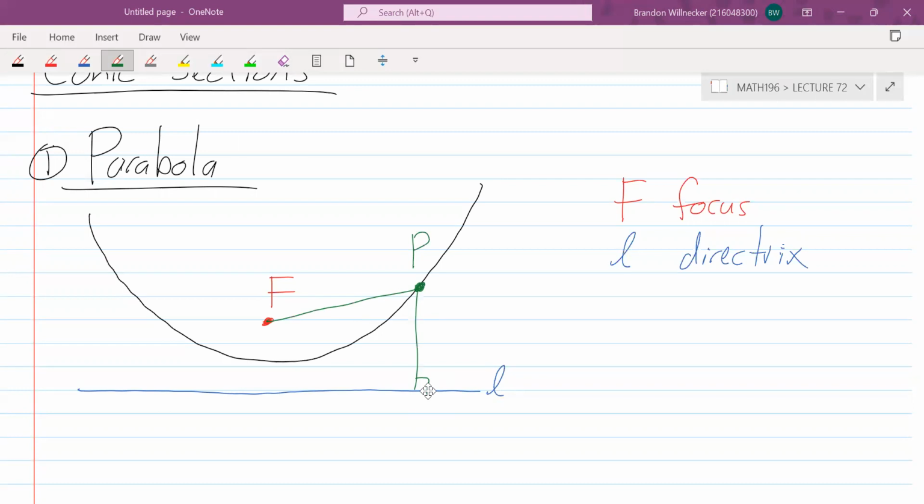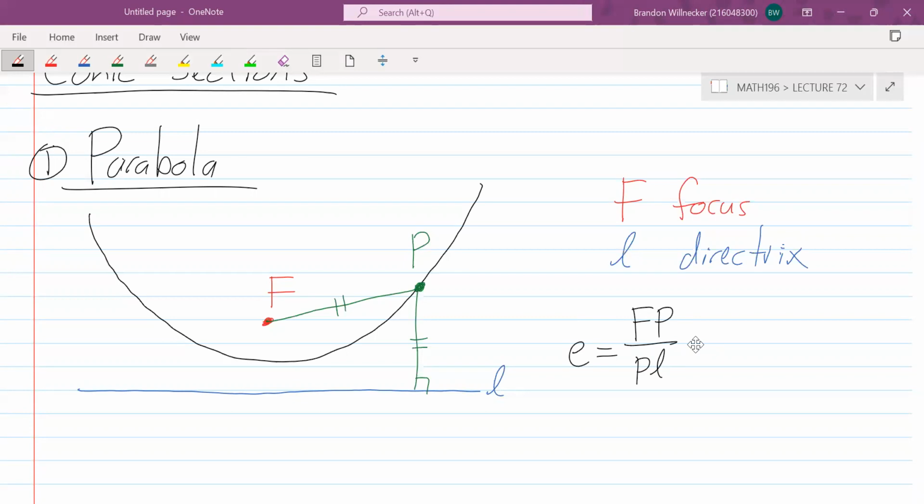In fact, the special case for a parabola is that these distances are the same. So the ratio, which we call the eccentricity, or E, is given by the distance FP over PL.